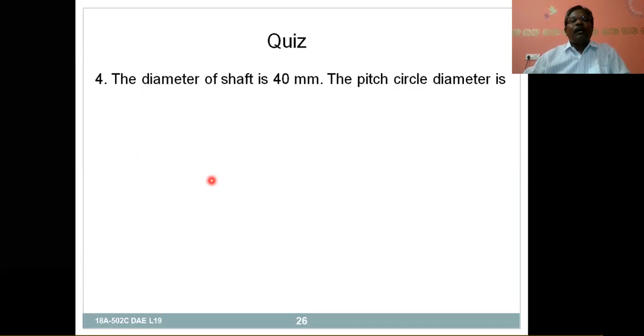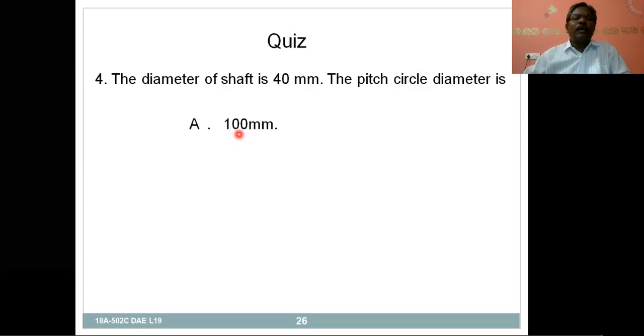So here is another quiz. The diameter of the shaft is 40 mm, small d, and the pitch circle diameter is generally dP, where we take 3d, 3 times the shaft diameter. It should be 3 into 40, nothing but 120 mm.